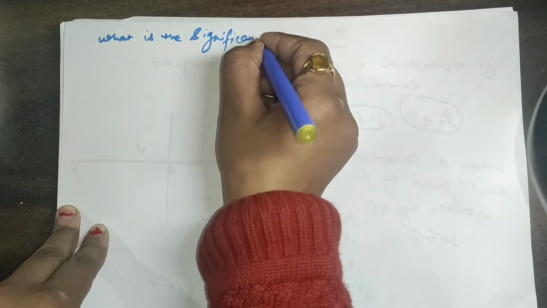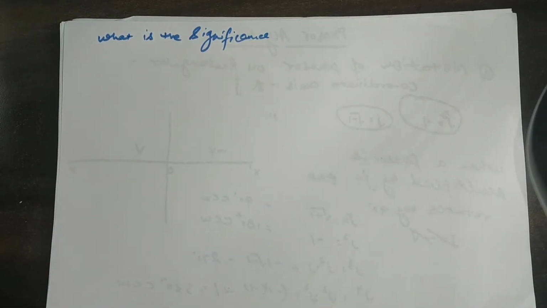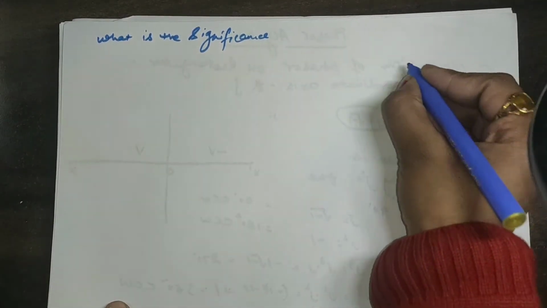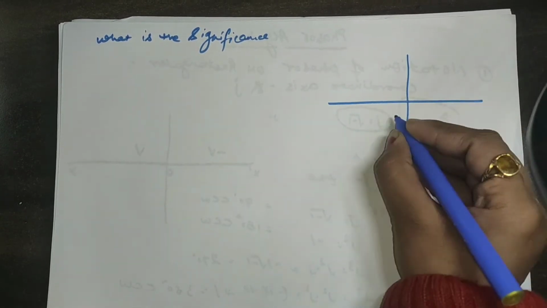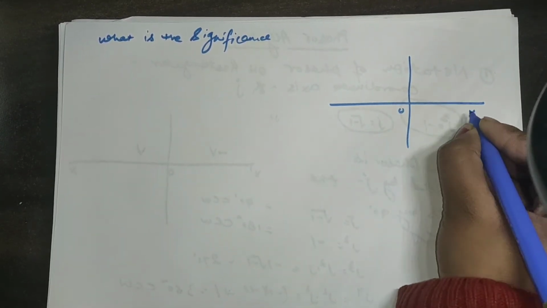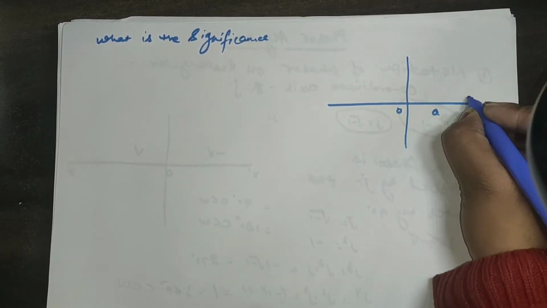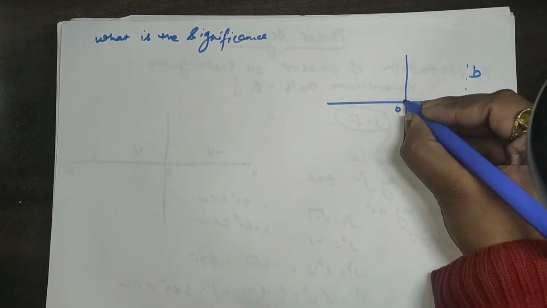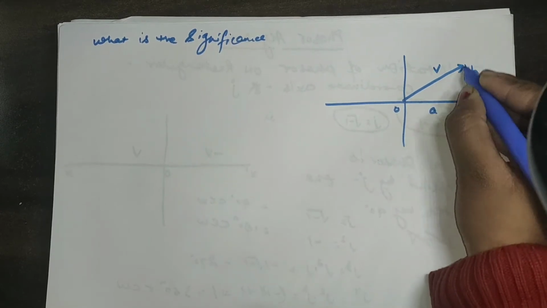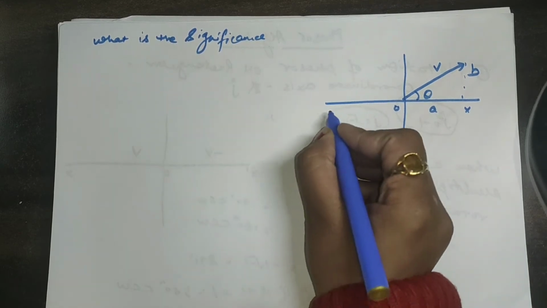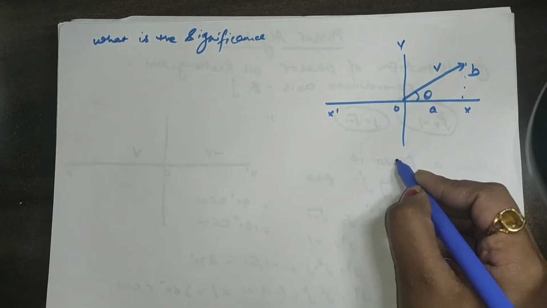Let's suppose there is a phasor OX, where A is this component, the resultant voltage is V, and B is the length of this phasor. Theta is an angle. Now this is X dash and this is Y dash. This is a phasor diagram.